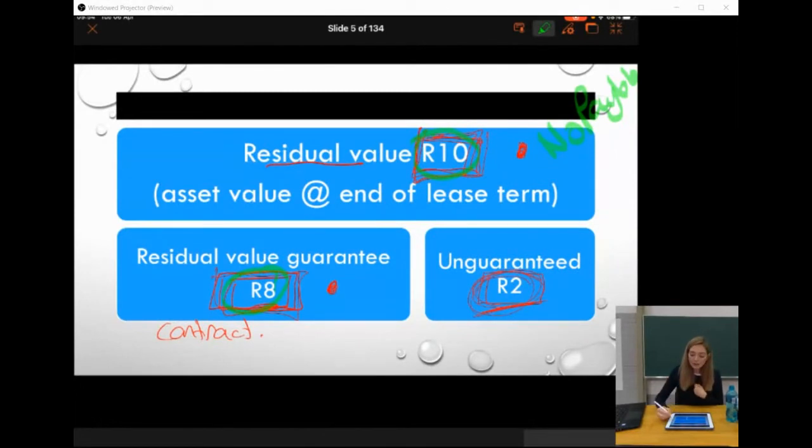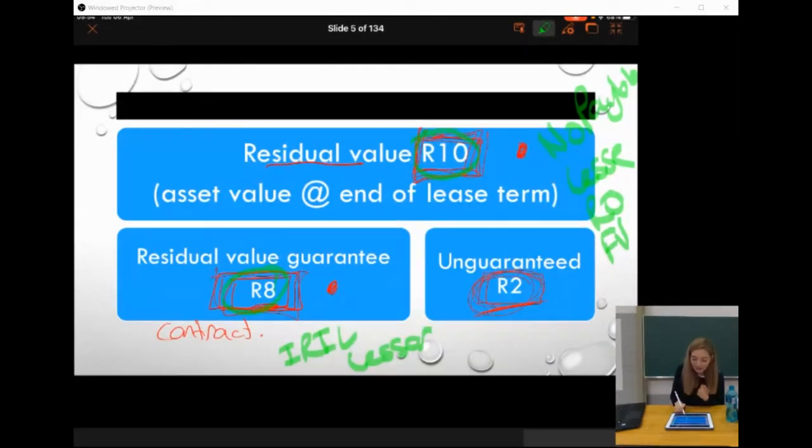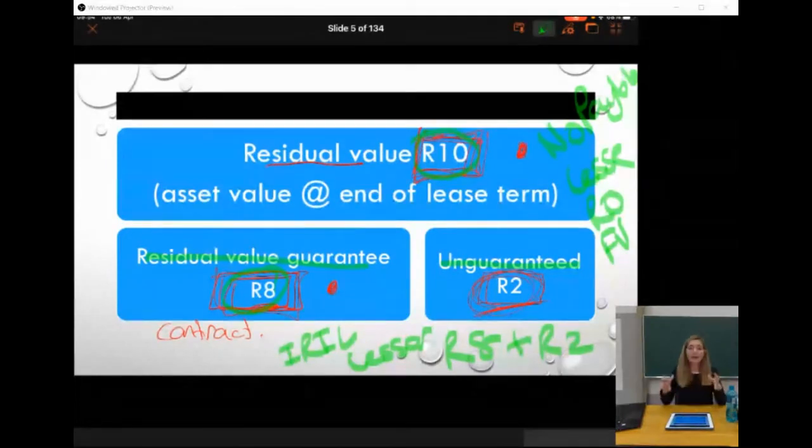So in this case, the lessee will have R0 in its future value in terms of the residual value guarantee. Whereas for the interest rate implicit in the lease, the lessor will include the R8 residual value guarantee as well as the R2 unguaranteed residual value. So effectively, the lessor is saying, okay, at the end of this lease term, I am getting an asset back worth R10.